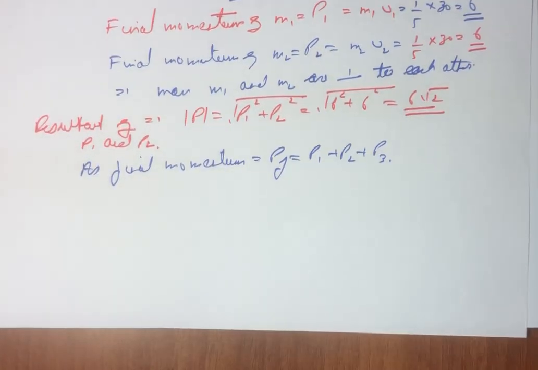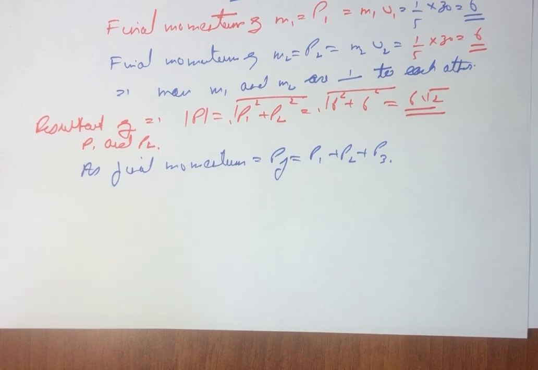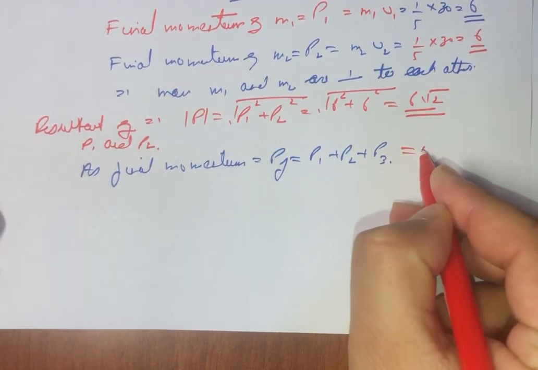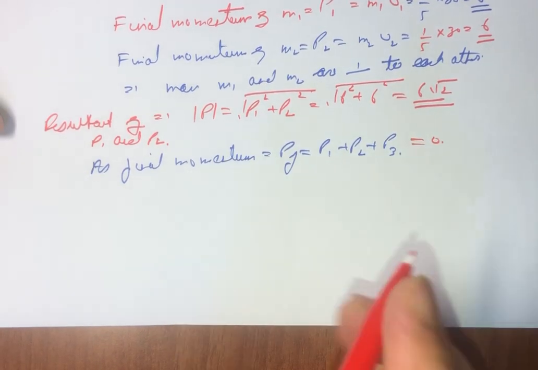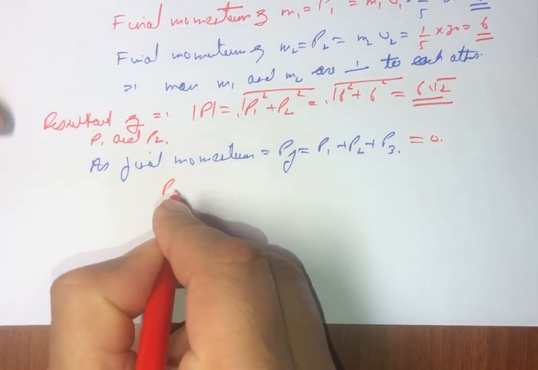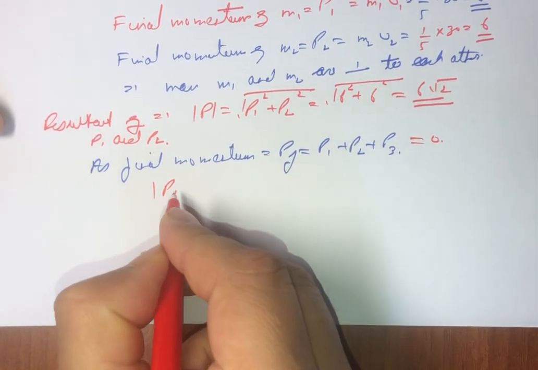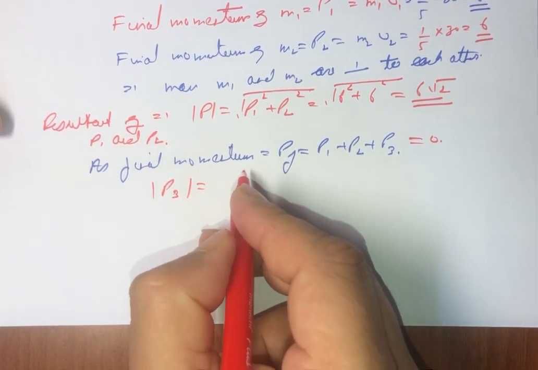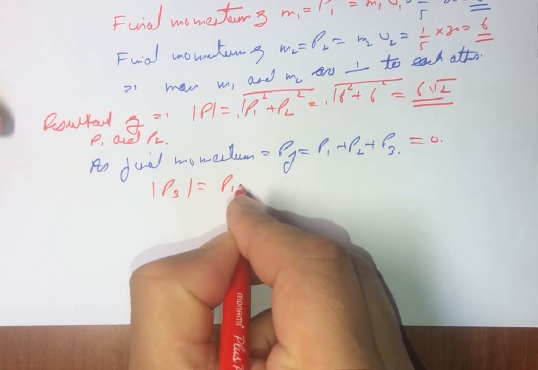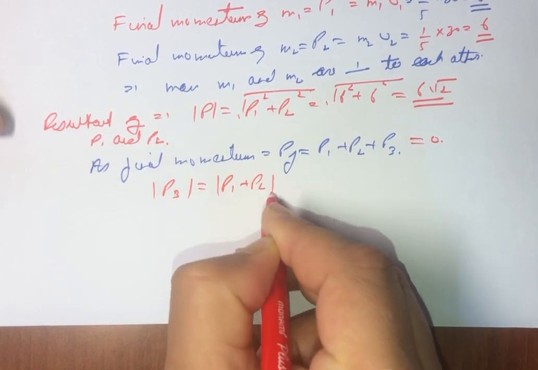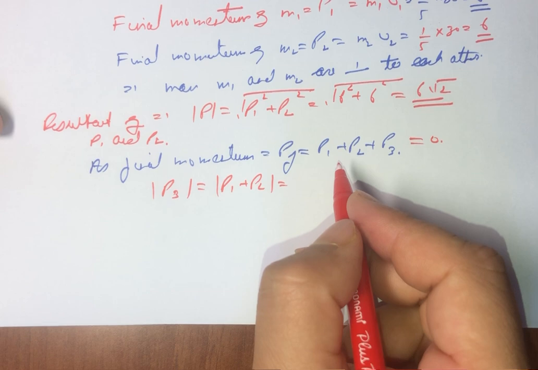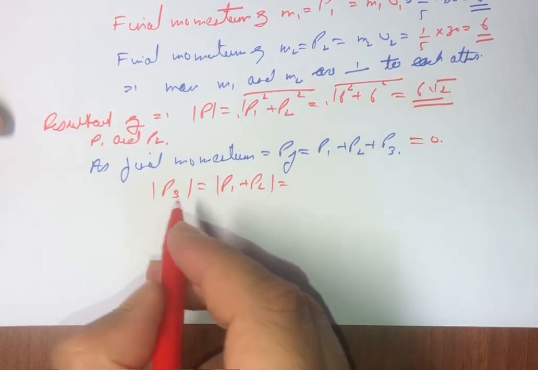Substituting here, we get 0, and the magnitude of P3 will be equal to the magnitude of P1 plus P2.